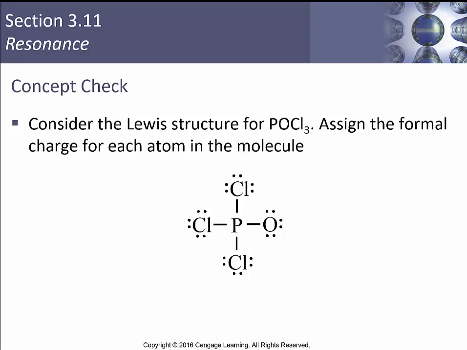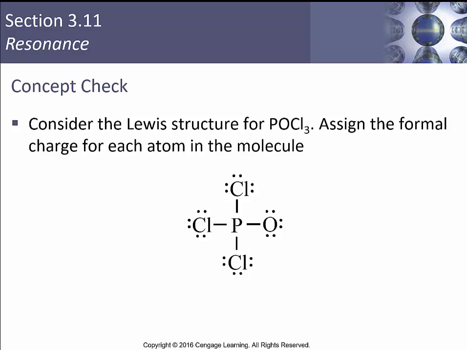It's going to be 6 minus 6 minus 2 over 2, which is -1, so -1 on the oxygen. And the chlorines are going to start off with 7 valence electrons, minus 6, minus 1, so these are going to be 0 on the chlorines.